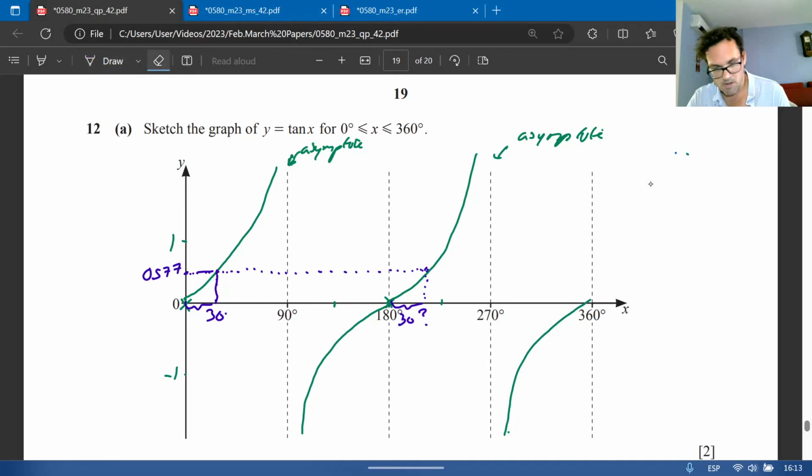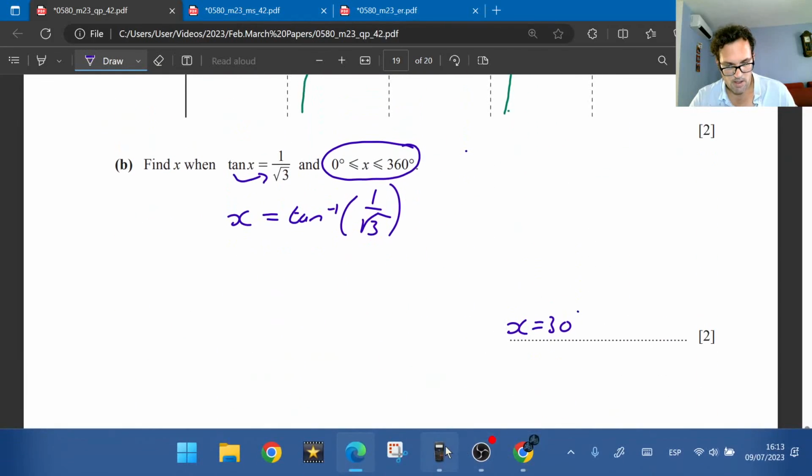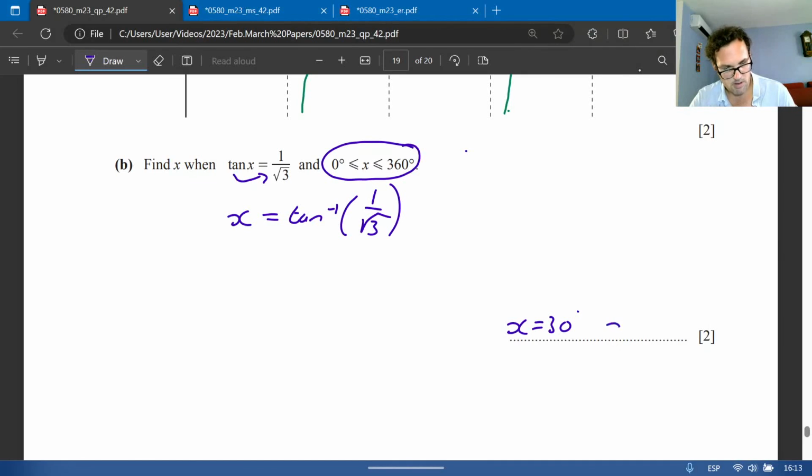So 180 plus 30 is 210. Is that right? Let's check. What is tan 210? Bam. Same thing. 0.577. So that means x can also be 210.